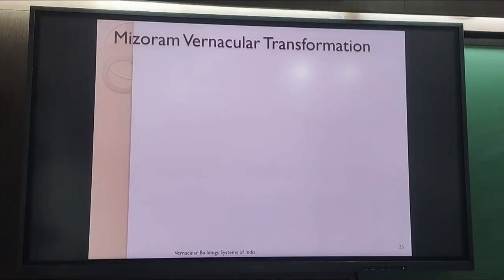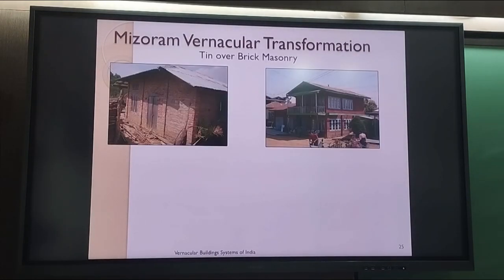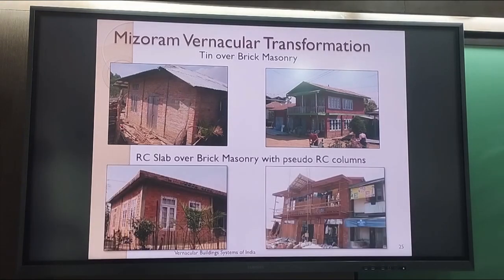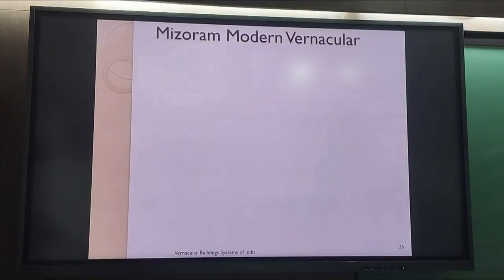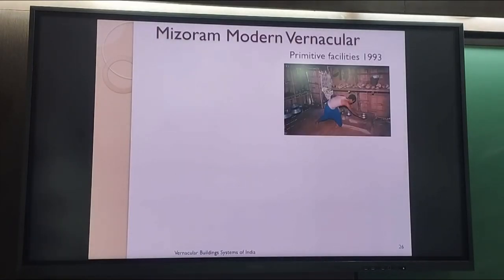All right. Some more transformation that we have seen, which was not seen back in 1993, are brick masonry buildings. Never seen. This is again an import from outside, and then of course reinforced concrete slabs and concrete columns and things like that. Now, there's a very interesting Mizoram modern vernacular. In 1993, you see a typical primitive kitchen.